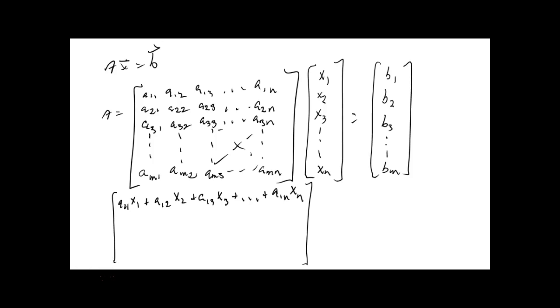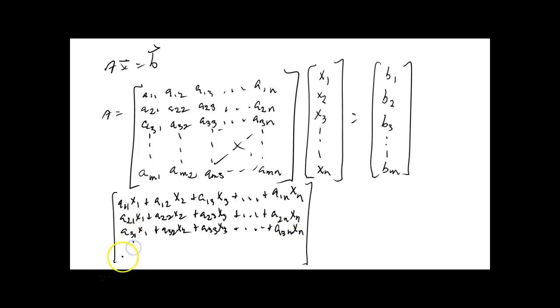The next one says A21 X sub 1 plus A22 X sub 2 plus A23 X sub 3 plus dot, dot, dot plus A2N X sub N. Next one would be A31 X sub 1 plus A32 X sub 2 plus A33 X sub 3, plus dot, dot, dot plus A3N X sub N.